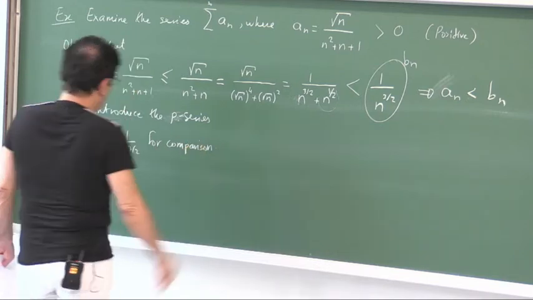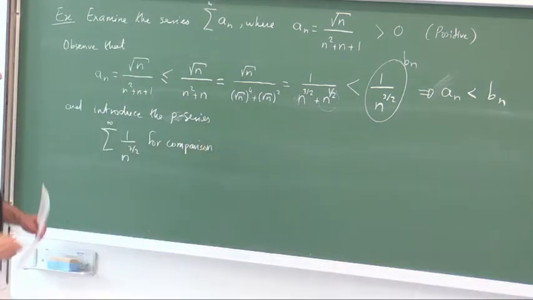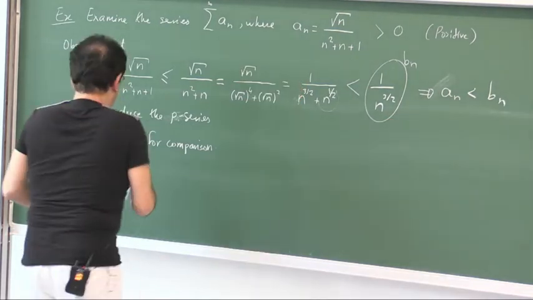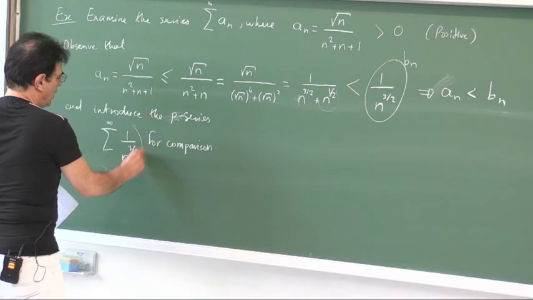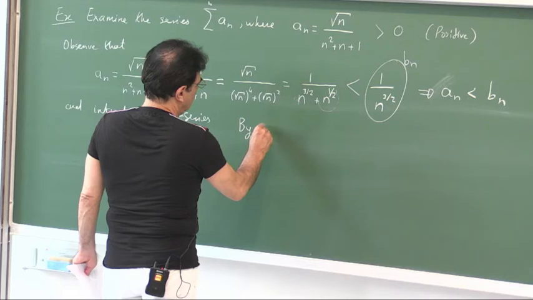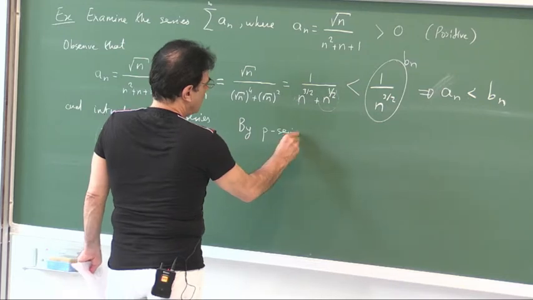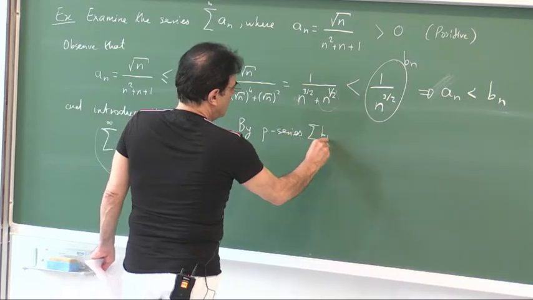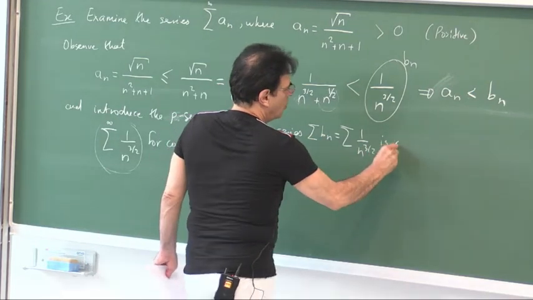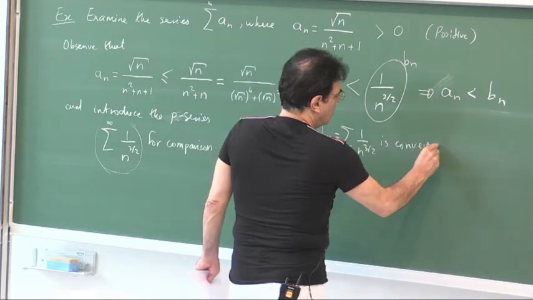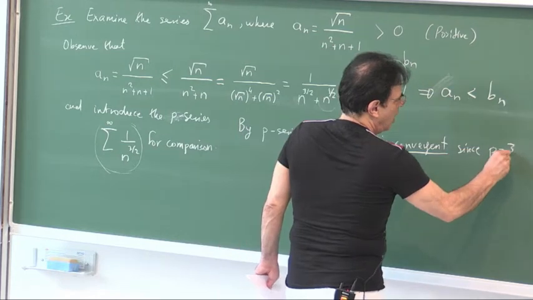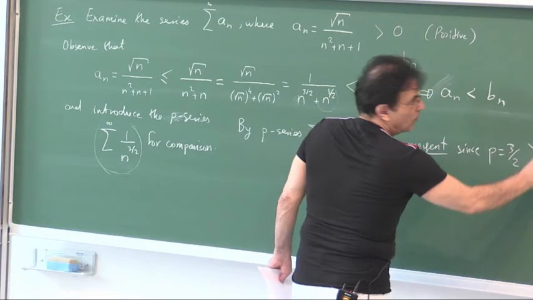Now everything is very well known. An is smaller than Bn, and the convergence of this series is very well known. By the P series, sigma Bn, that is sigma 1 over n to the power 3/2, is convergent. Why? Since p is 3/2 and it is larger than 1.